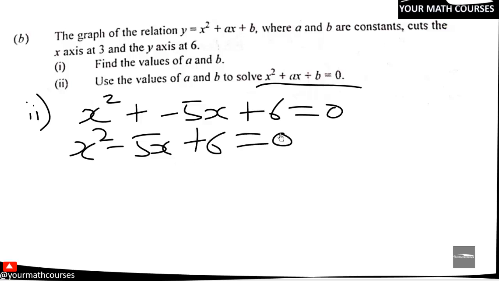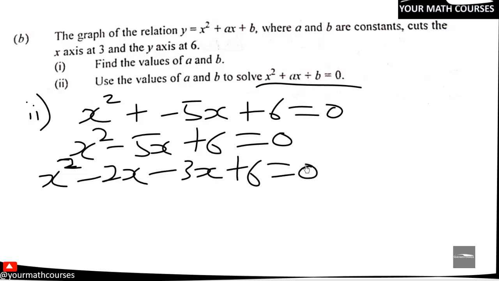We look for factors of 6 that when we add we get negative 5. These are negative 2 and negative 3. We split the middle term to obtain x squared minus 2x minus 3x plus 6 equals 0.